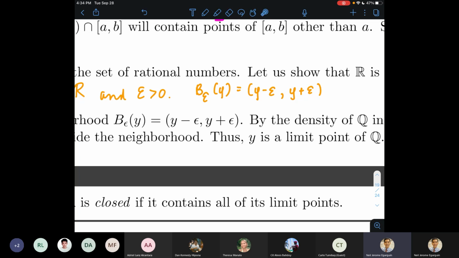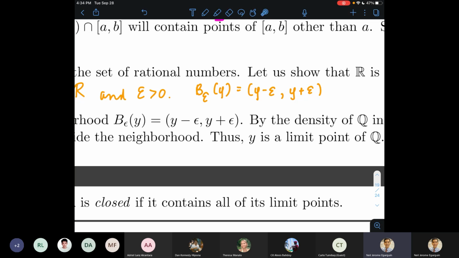Pero may konting butas pala yung reasoning na yun. No? So, posible daw na si y pala yung maging rational number. Okay? Pero sabi sa definition ng pagiging limit point, dapat meron siyang ibang elements aside from y. Hindi pwedeng si y yung maging intersection ng epsilon neighborhood at saka ng set.